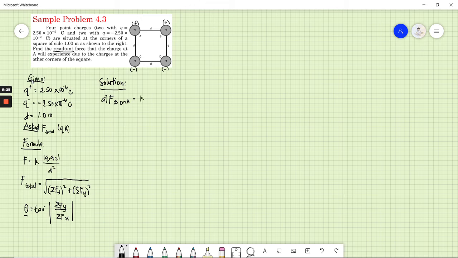And again, in order to do that, we have to use Coulomb's law. F equals k times the absolute value of the charges over D squared, and we just have to plug in the numbers. So that's 9 times 10 raised to 9 newton meter squared per coulomb squared. That's our k value. And what we're looking at here are the absolute values of the charges of QA and QB.